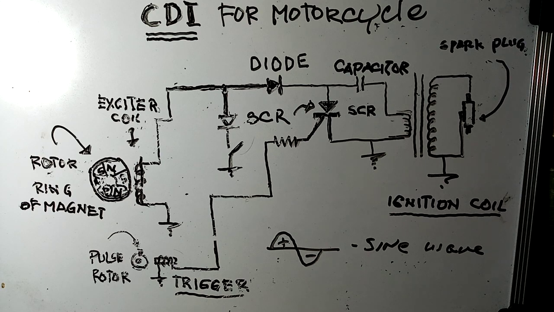In automotive, the standard is 4 spark plugs, and they energize one of the 4 spark plugs. An ignition coil is a kind of transformer with a primary and secondary coil.